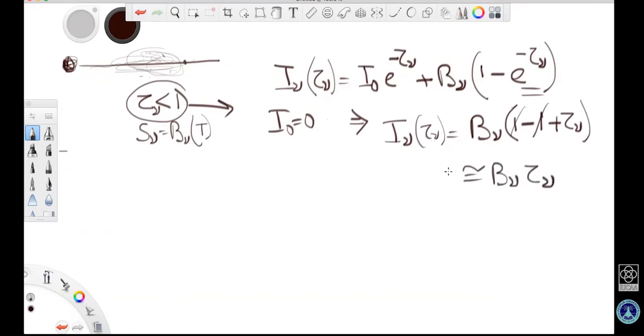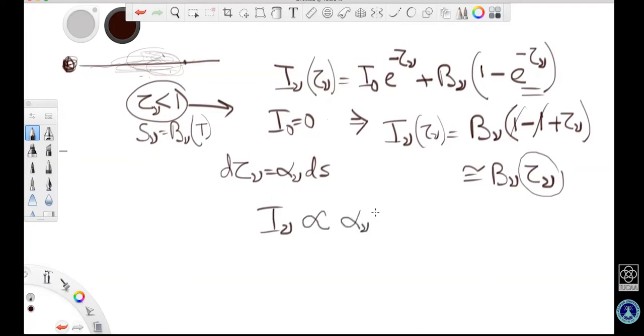Which means I will see positive radiation whenever tau nu is large. Remember, what is tau nu? Tau nu is nothing but alpha nu times ds, or this is d tau nu. In other words, I nu is going to be proportional to alpha nu times B nu, because tau nu is proportional to alpha nu.